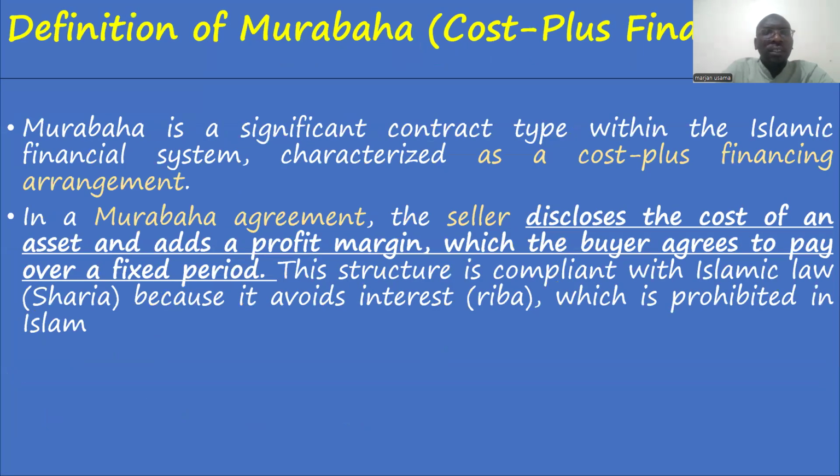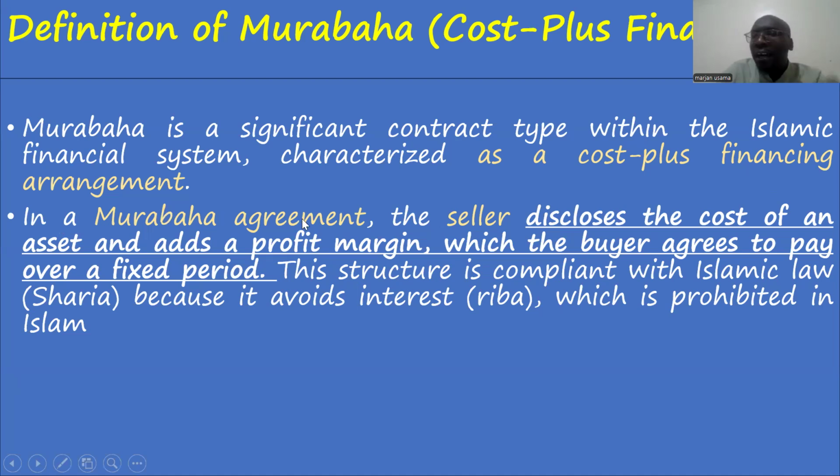So number one is Murabaha, which is normally called the cost plus financing. Somebody might ask, what is Murabaha? Murabaha is a significant contract type within the Islamic financial system, characterized as a cost plus financing arrangement.